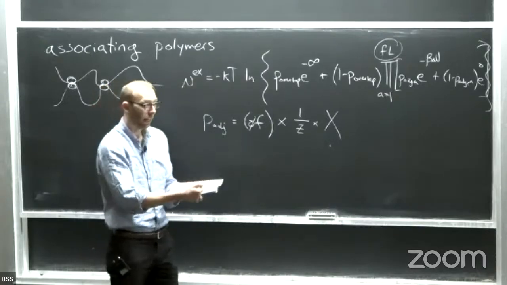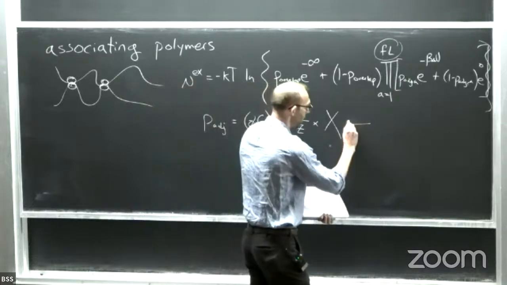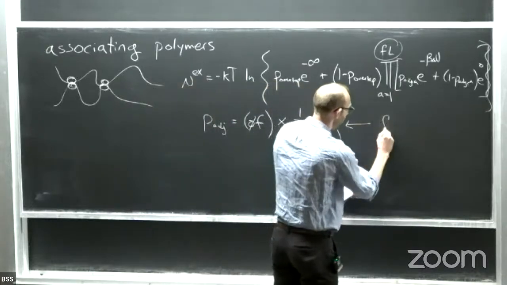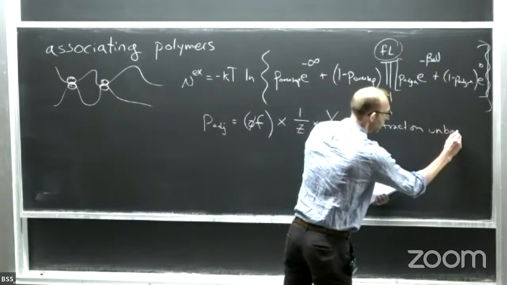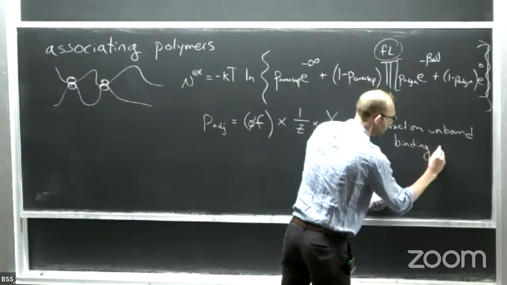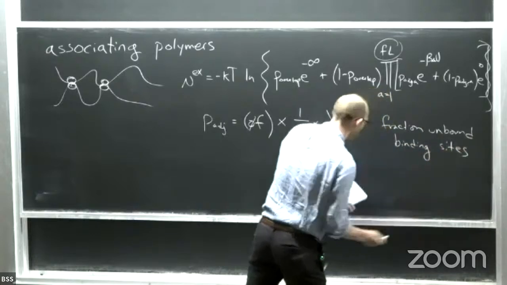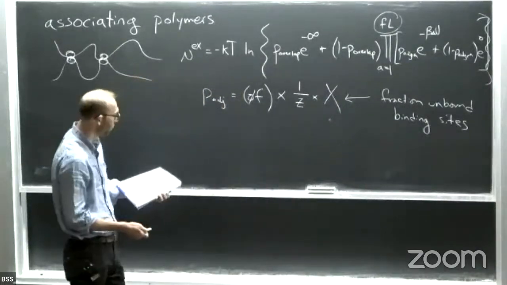It's not already engaging in a one-to-one interaction with something else, right? So this X here is the fraction of unbound binding sites, which is a new variable that we're going to have to solve self-consistently for.